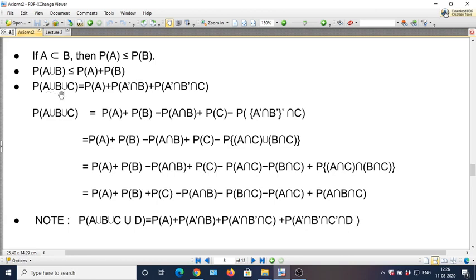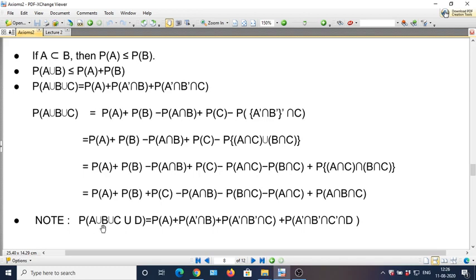So this is equal to PA plus P of A intersection B plus P of A complement intersection B complement intersection C. Indeed, we can generalize it to 4, which is being shown here.